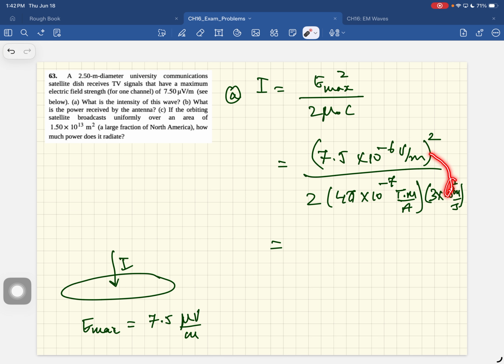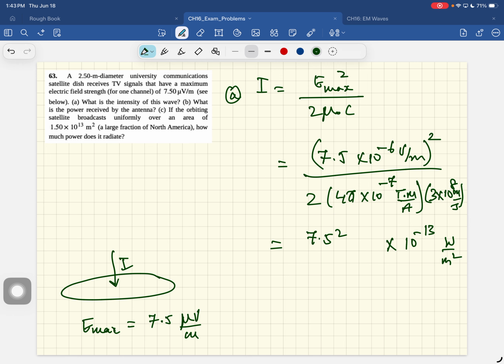And why is that important? Because where is the satellite getting power from? Solar panels and stuff like that. Is it 75 times 1.5 and 10 to the minus 2? That's 75 times 1.5, so roughly 150.